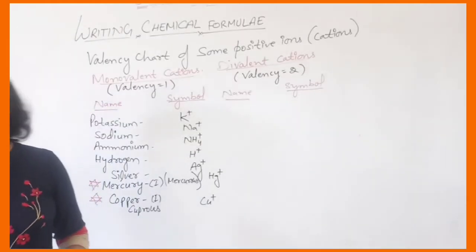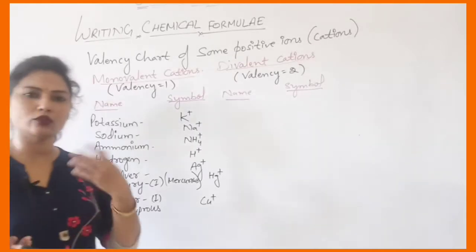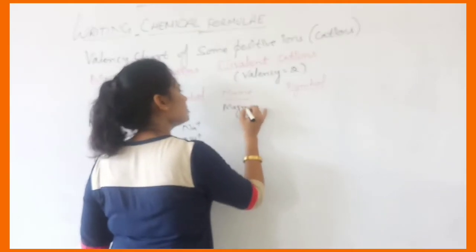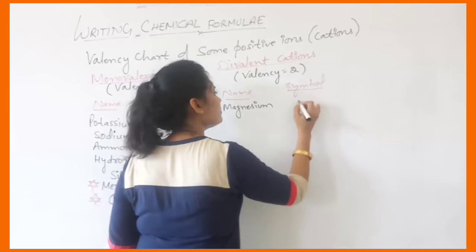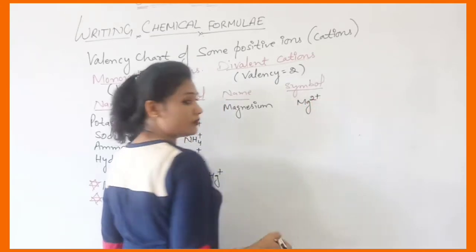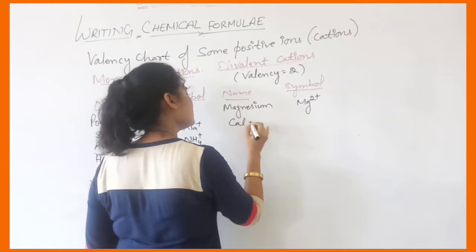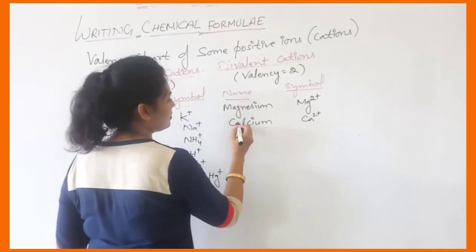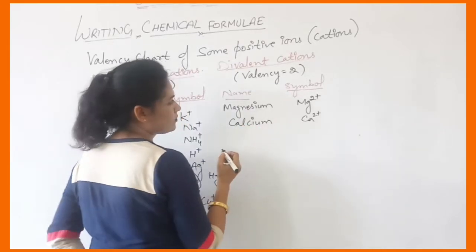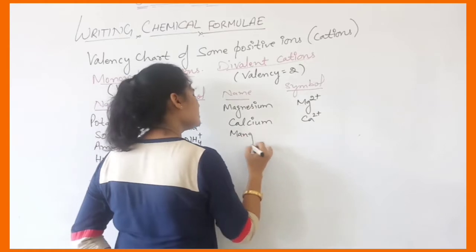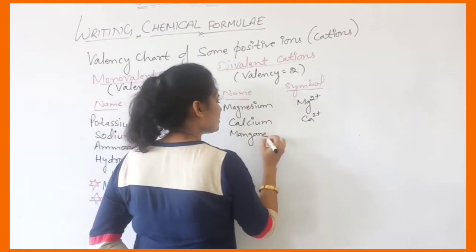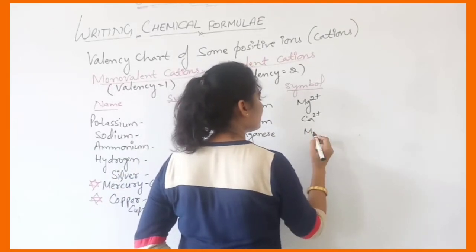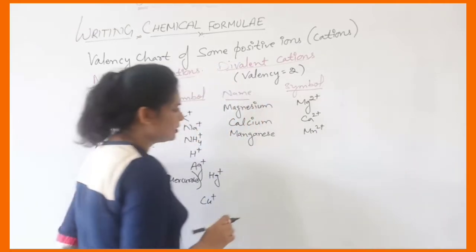You know that divalent elements are those whose valency is 2. So we can write magnesium, Mg 2 positive, calcium, Ca 2 positive, then manganese, Mn 2 positive.